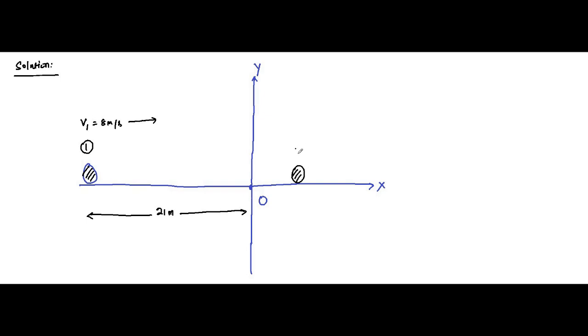This is the second particle, 7 meters to the right of the origin, and it is traveling at a speed of 4 meters per second, v2 equal to 4 meters per second, to the right again. It has been asked where they will meet, so for that let us just extend this axis.